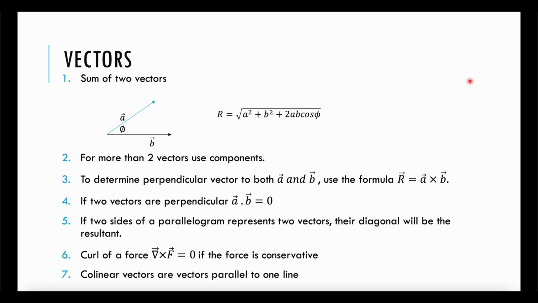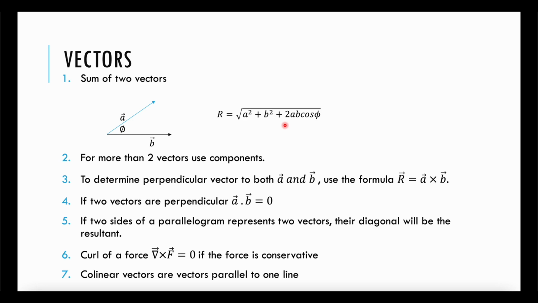If you have two vectors a and b and the angle between them is phi, then the resultant vector has an amplitude square root of a square plus b square plus 2ab cosine phi. Sometimes you will be asked to calculate a minus b, and for that you need to use a minus sign here.